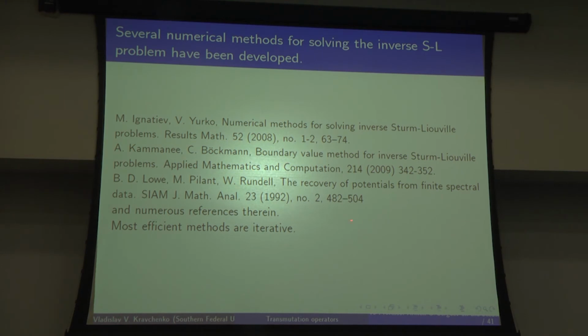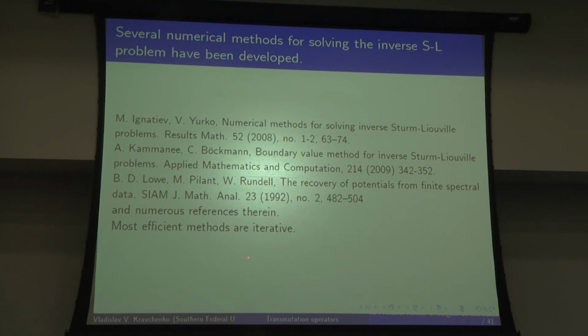First of all, I would like to mention that quite a few numerical methods have been developed for solving such problems. I mention here only some of the known works, but what is important is that practically all more or less efficient methods are iterative.